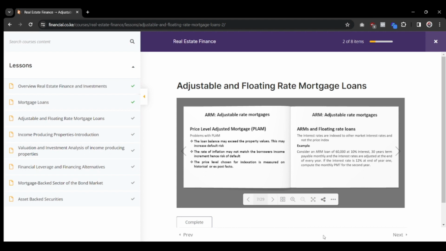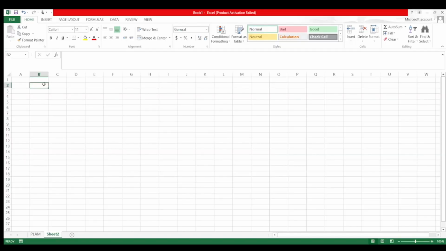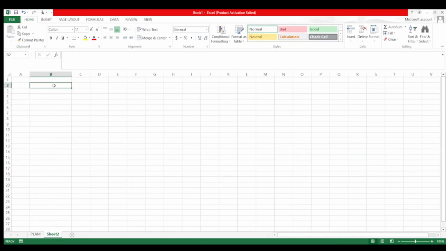With this, let us go into Excel and do it practically. In this example, we are considering the loan amount of 60,000 and the interest the first year of 10%, which is 0.1.